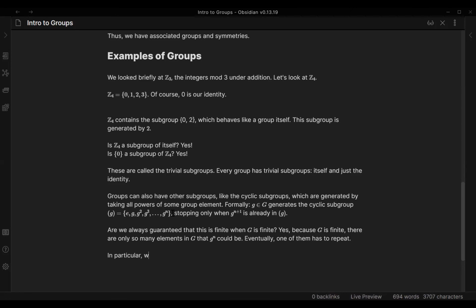In particular, we say this is the order of the group G and is how many elements it contains. So the cyclic subgroup generated by g has at most the number of elements that G has. This happens only when g generates all of the big group.